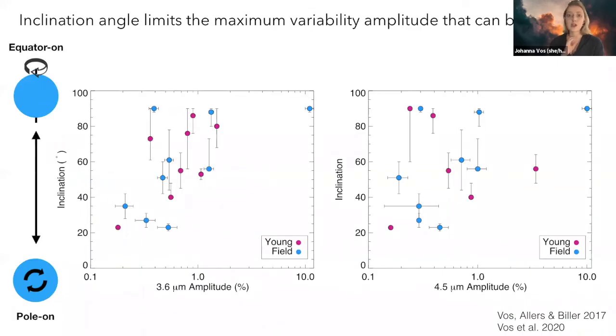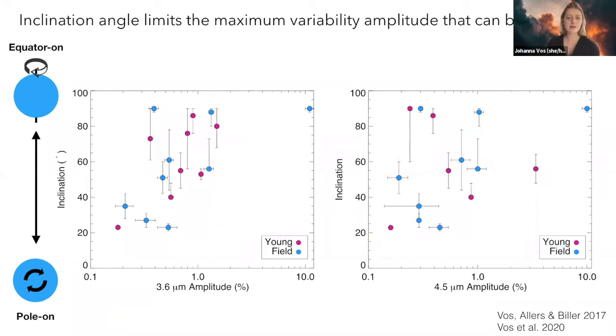The first thing we looked at related to inclination was the amplitude. We expect that the inclination would have some effect on the variability amplitude. These two plots show inclination on the y-axis, where 90 degrees corresponds to equator on, and 0 degrees corresponds to pole on. On the x-axis, we have 3.6 and 4.5 micron amplitude.